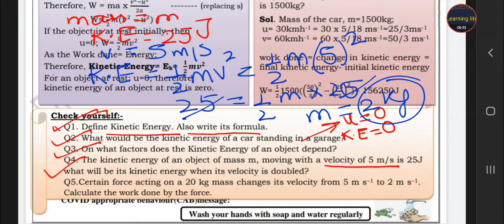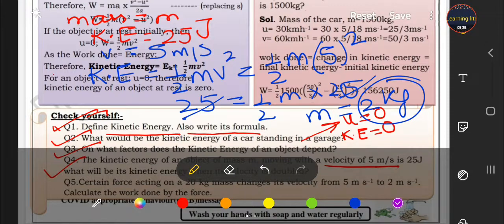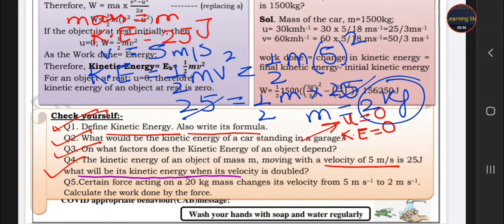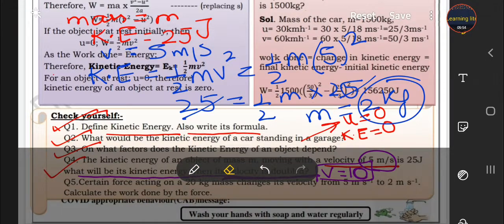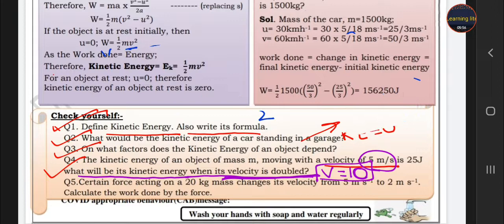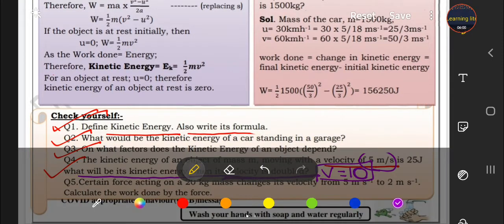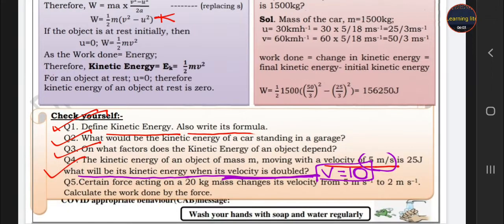We got the mass. Now read the question. What will be the kinetic energy when velocity is doubled? So velocity gets doubled. It means velocity was 5 here, but now we have to take velocity as 10, double, and calculate the kinetic energy.